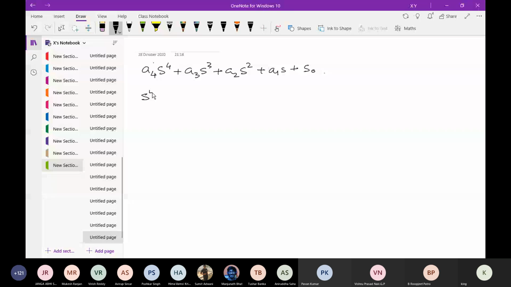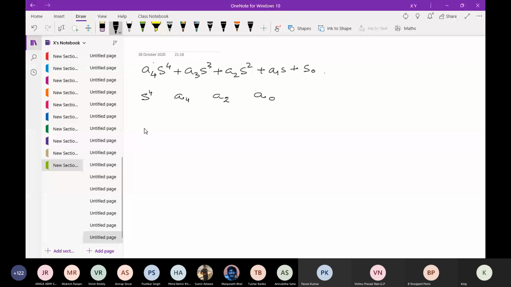First I'll write S4, I'll put in A4, A3, A2, A1, sorry, A4. We'll begin with A4 because S4 is the highest power, then this will be A2, and then we'll have A0.